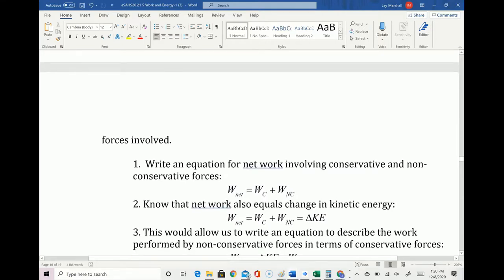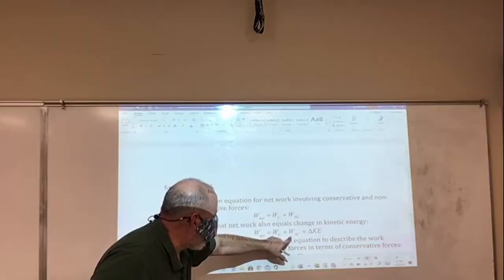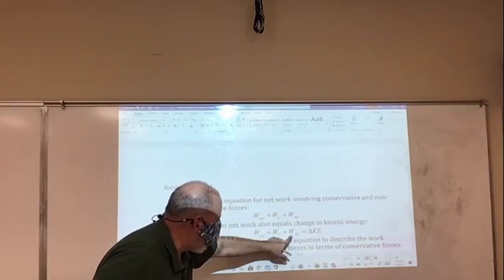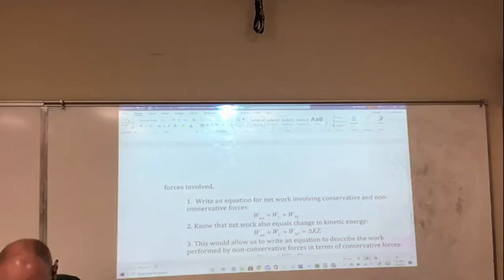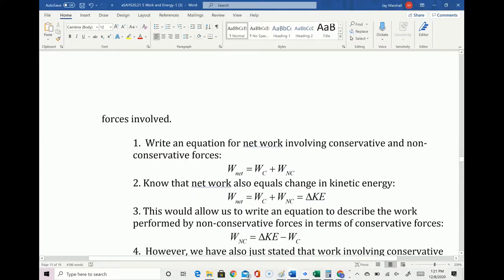Now, this would allow us to write an equation to describe the work performed by non-conservative forces in terms of conservative forces. So if I want to know something about this, hopefully that means that I can isolate this and compare it to whatever else is left. So I'm going to say just what you might think then. The non-conservative work equals the change in kinetic energy minus the conservative work.